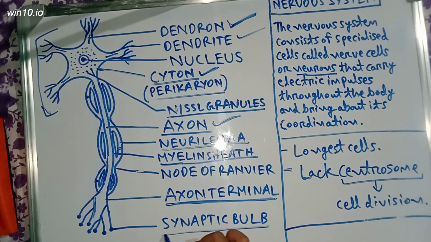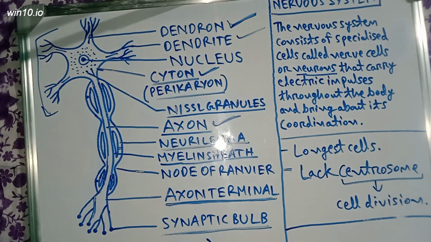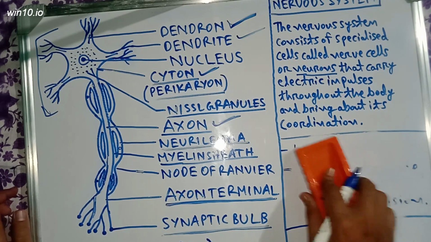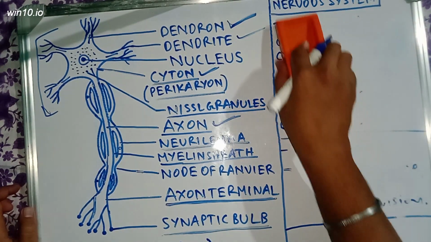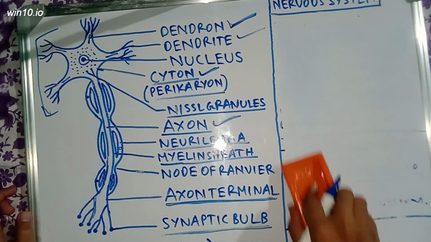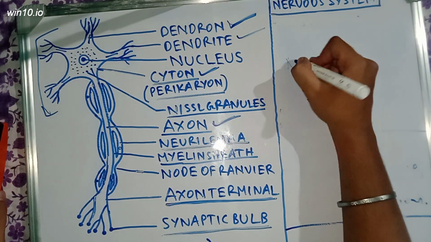These synaptic bulbs contain a specific type of chemical known as neurotransmitters.